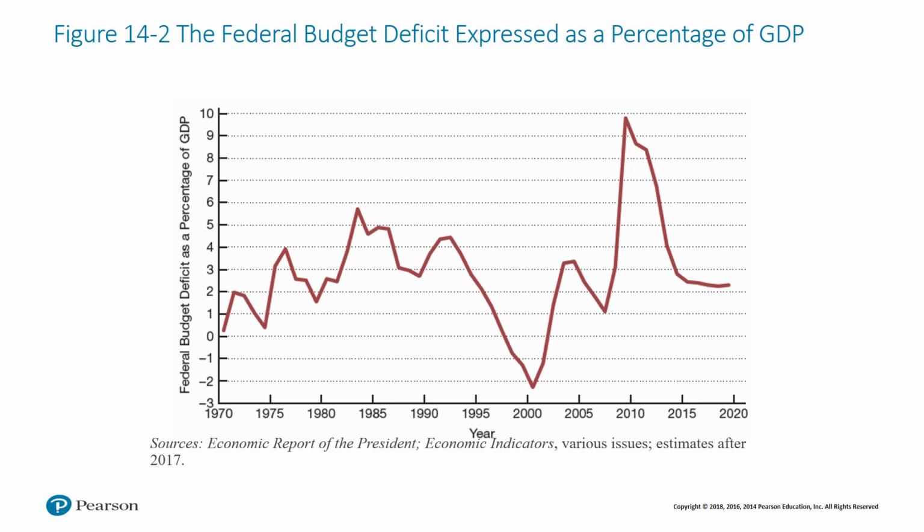This is another figure which indicates the federal budget deficit expressed as a percentage of GDP. During the early 2000s, the federal budget deficit rose as a share of GDP and then declined somewhat until 2007, and then it increased dramatically until 2010.